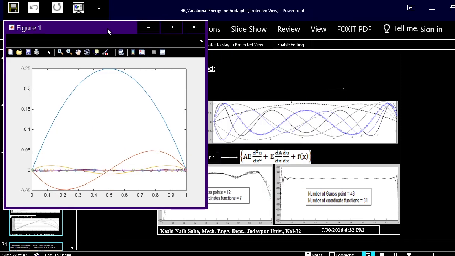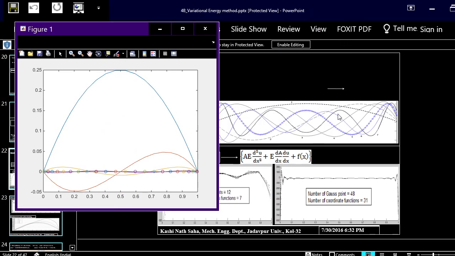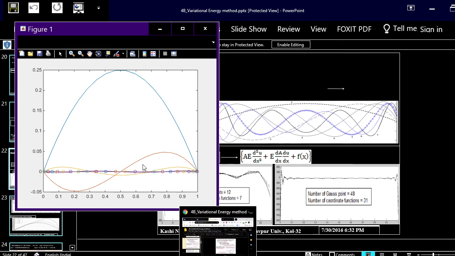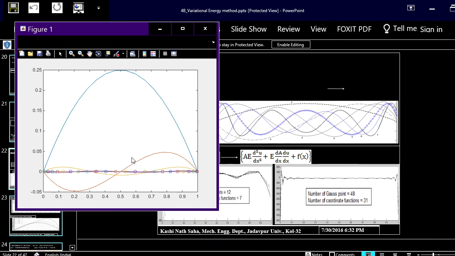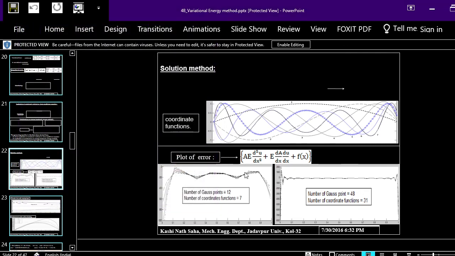Normalization is not carried out in our MATLAB code, but it is possible. Normalization means you pick up the maximum value for any function and then divide that particular plot by the maximum value. So it will become normalized like this. So these two plots are identical. Understand?